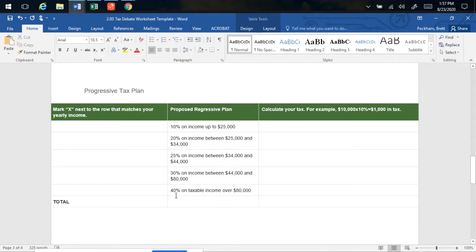That must mean that all of my income is taxed at 40%. That is incorrect. Only the income that is over $80,000 is taxed at 40%. The income that is less than $80,000 is being taxed at lower rates. Here, here, here, and here. Let me show you.